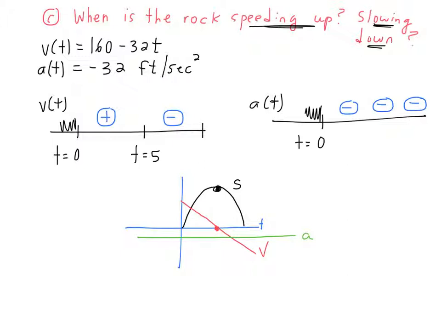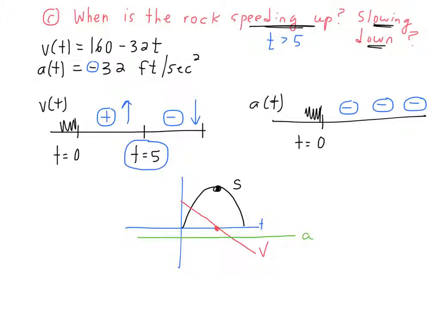If we take a look at our sign diagrams, we said earlier the particle is changing directions when t is 5. It's heading upward and then heading downward, so the velocity tracks the direction for us. Acceleration is always going to be negative because it's a constant negative 32 feet per second squared. It's speeding up when our signs are the same, and our signs are going to be the same for t values greater than 5, where they'll both be negative.